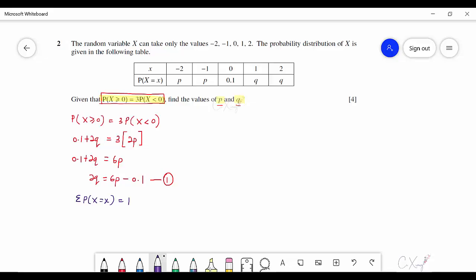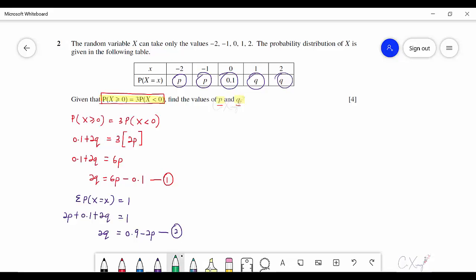The summation of probability means that you have to add all these probabilities together, and the total of all of these values is 1. So you have 2p plus 0.1 plus 2q equals 1. Then you can rephrase it as 2q equals 0.9 minus 2p. And from here, you get the second equation.